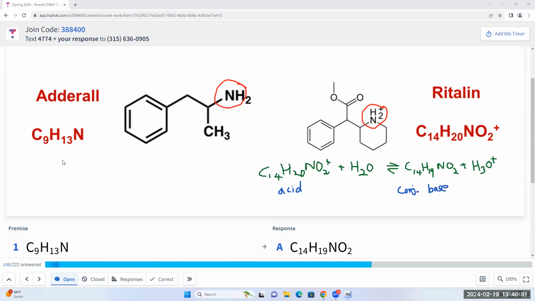If you want to do the same treatment with water, water is acting as a base on this side, and that produces the conjugate acid on the other side. So these two are conjugate pairs, and these two are conjugate pairs.